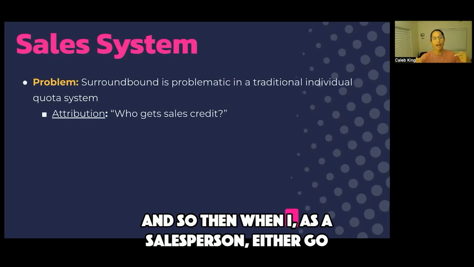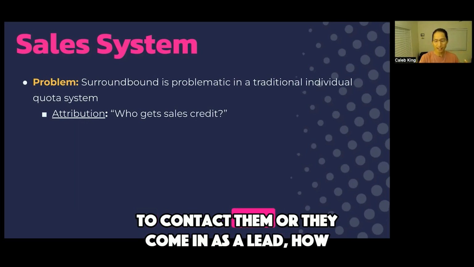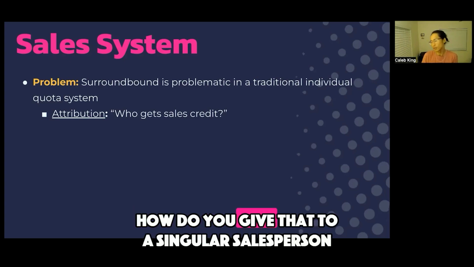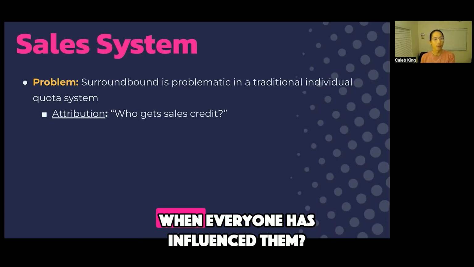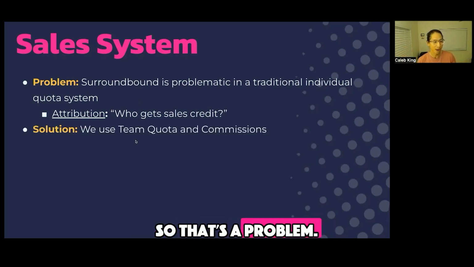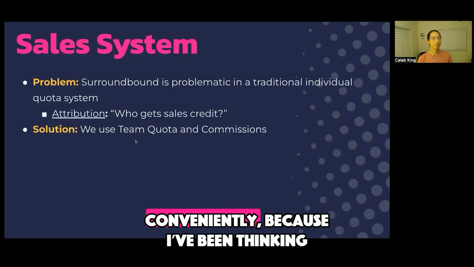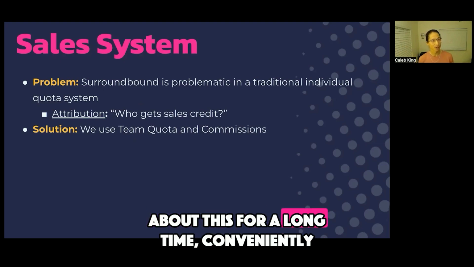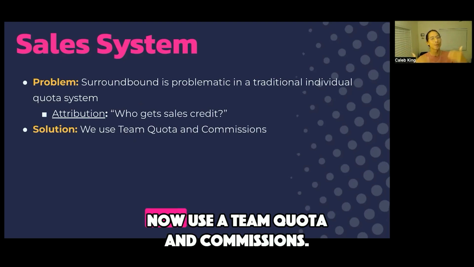And so then when I, as a salesperson, either go to contact them or they come in as a lead, how do you attribute that? How do you give that to a singular salesperson when everyone has influenced them? Okay, so who gets sales credit? So that's a problem. What's our solution? Conveniently, because I've been thinking about this for a long time, conveniently now we use a team quota and commissions.